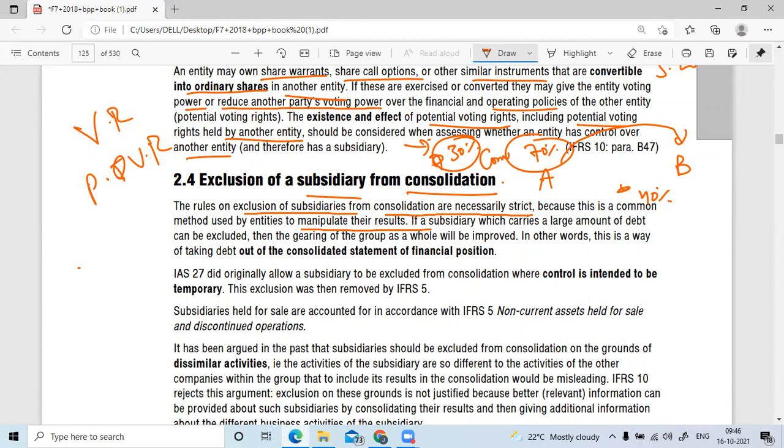See, if I am in the month of December and I decide to sell my subsidiary, and I immediately sell it without any intimation, without disclosure, is that acceptable? No. The standard said it's not acceptable. Why? Let us see.